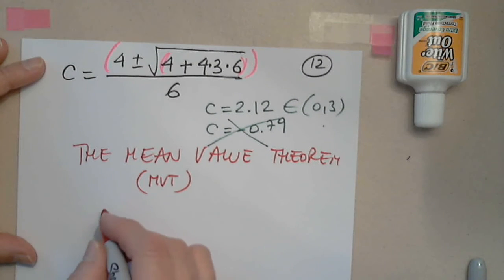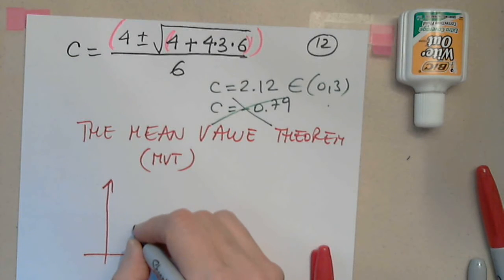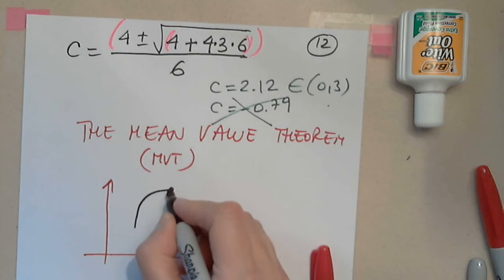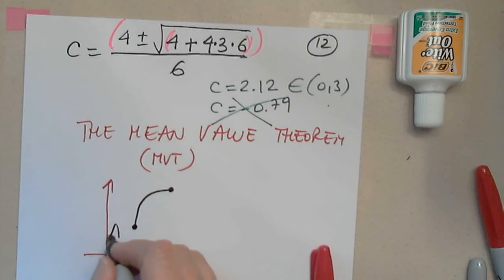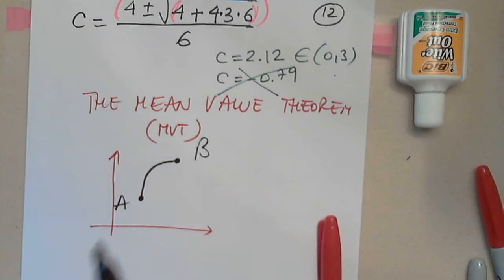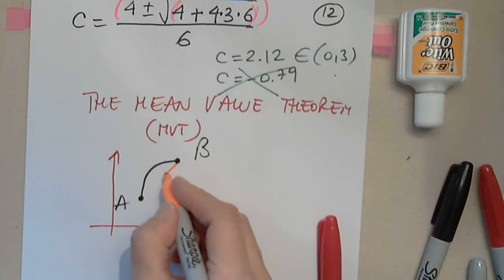Okay, so let's take a look at the following situation. Here's a function. Point A, point B. And let's say that this is the line segment connecting these 2 points.